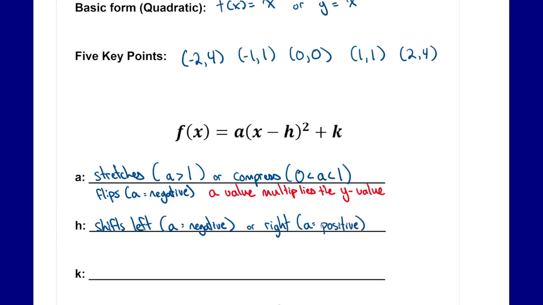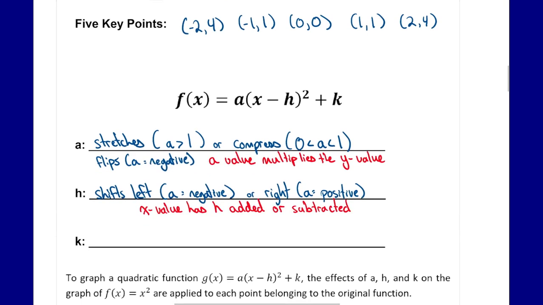And again, the important part, what is this actually doing to our function or to our values? Essentially, our x value has h added or subtracted. So essentially we're adding or subtracting h to our x value, and that's going to cause our shift left or right.